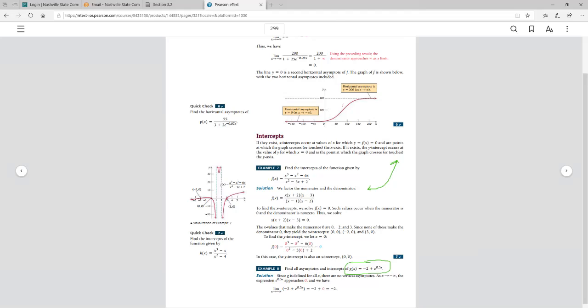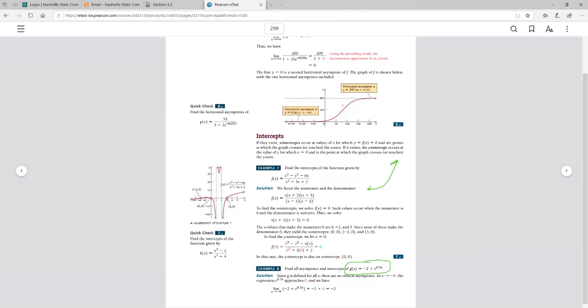In other words, there are no vertical asymptotes there. What about intercepts? Well, we know that we can set the function equal to 0 and solve for x, and we'll do that momentarily. But first, let's see if we can figure out whether or not we have any horizontal asymptotes.